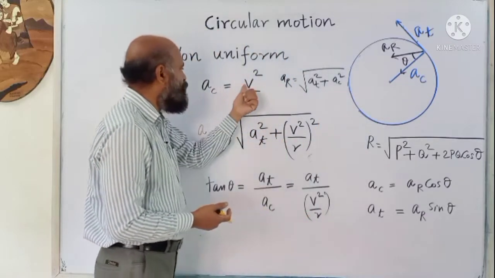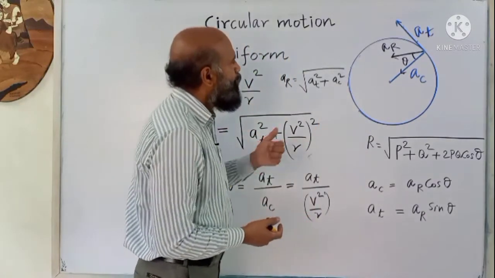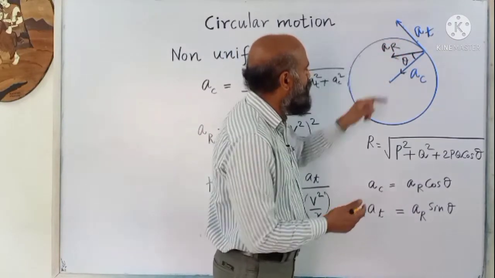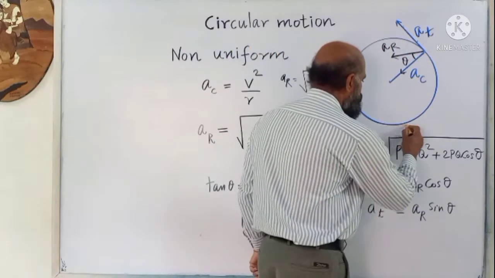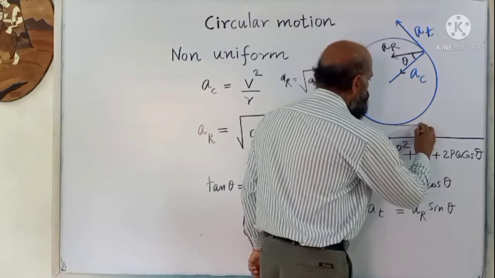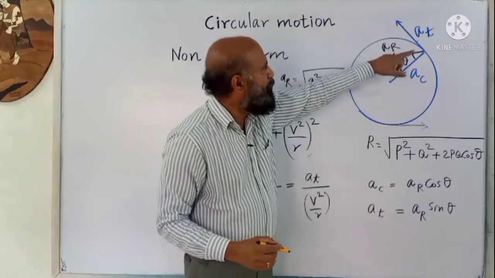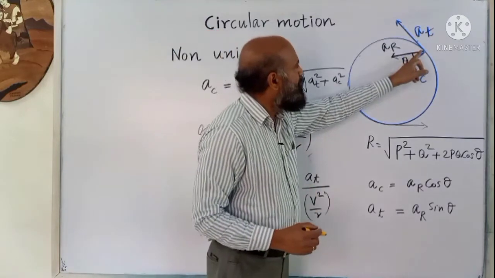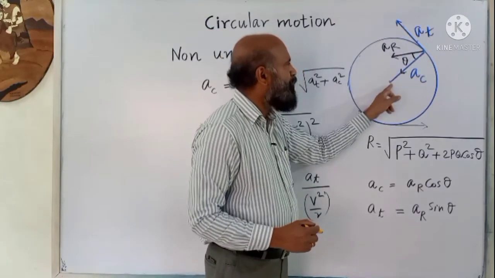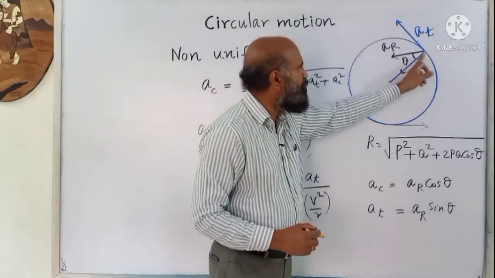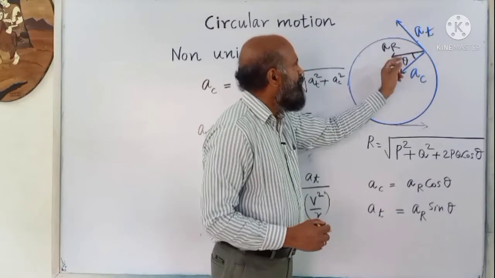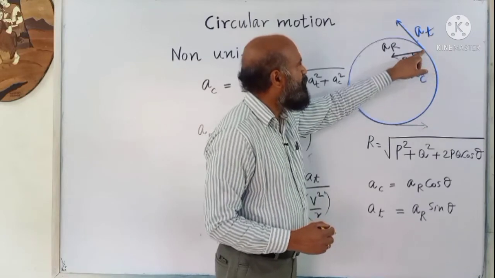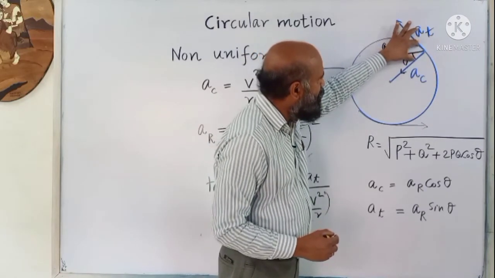Centripetal acceleration is V square by R. Velocity is along the tangent, and in non-uniform motion there will be tangential acceleration. Then the resultant of these two is acting along this direction. The angle between centripetal acceleration and tangential acceleration is 90 degrees.